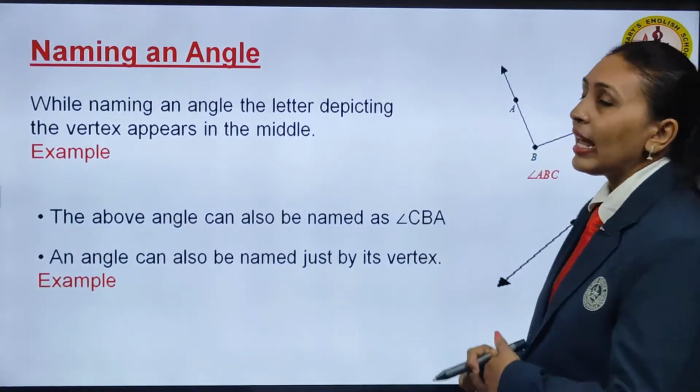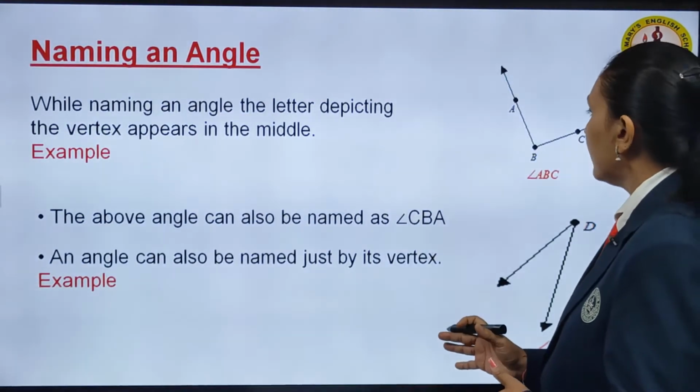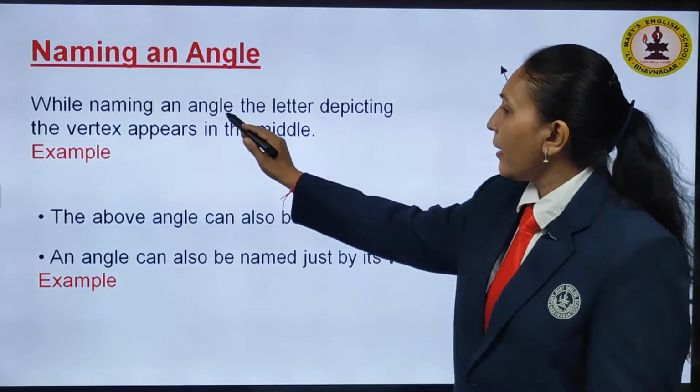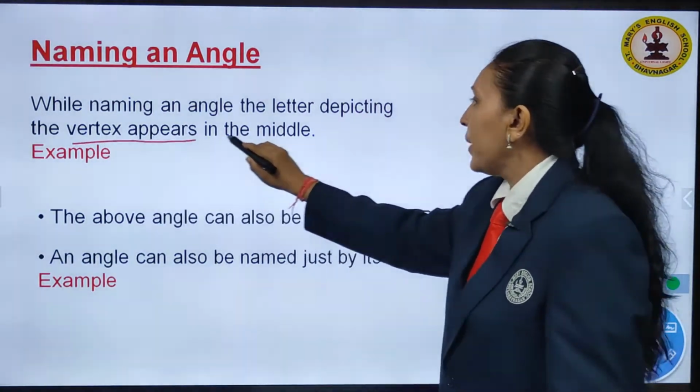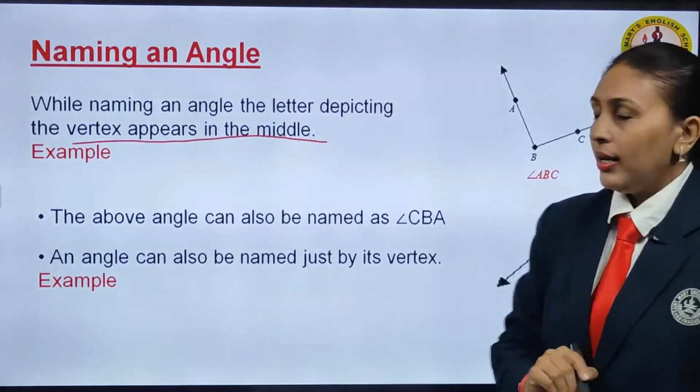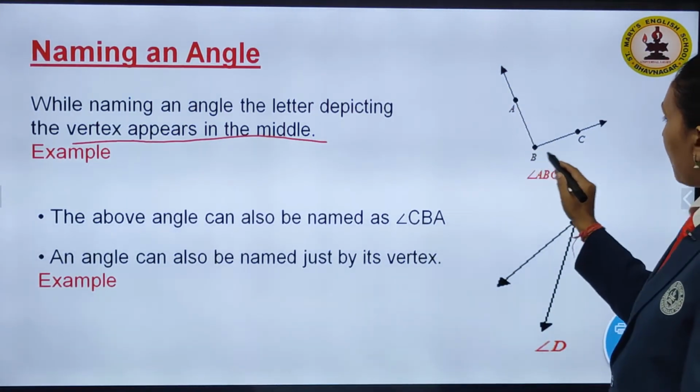Now how will we name an angle, children? This is very important for you to understand and learn. While naming an angle, the letter depicting the vertex appears in the middle. I have given you one example here. You can see here angle ABC.